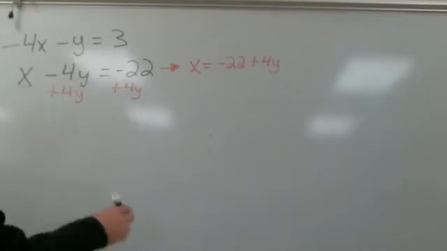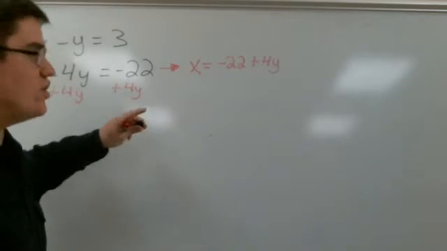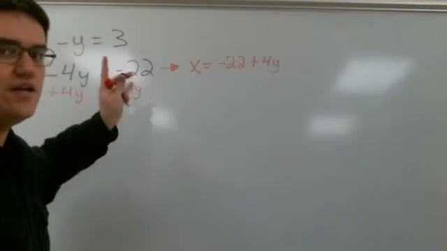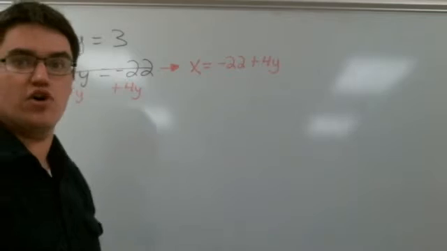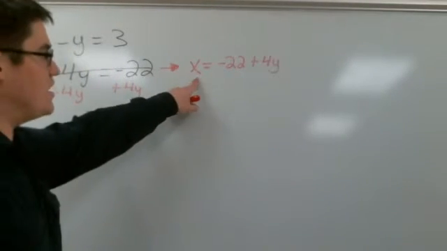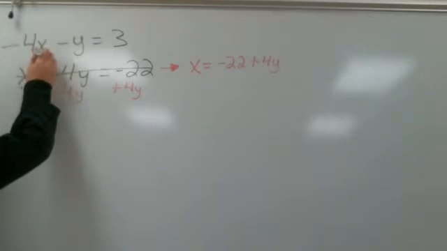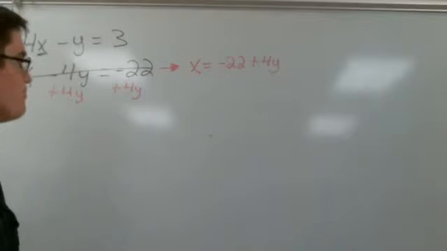If I look at my original, I can't use this one again. If you were to substitute it into this equation, you're going to get an identity at the end. So usually I just cross that one out so I don't make the mistake of substituting it in again. So we take this and substitute it in wherever I see an x.